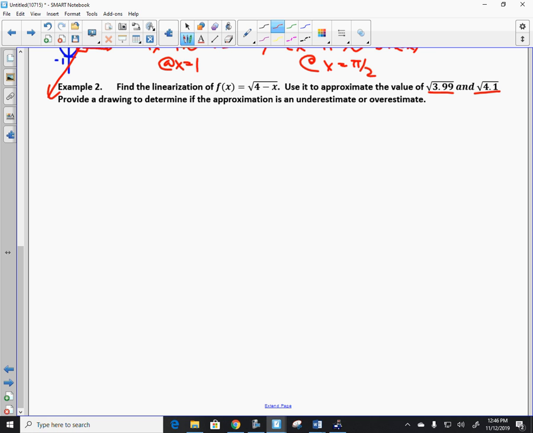How would you even start coming up with the square root of 3.99? You'd say it's about 2, and they would say, let's become more accurate than that. So I start by finding the linearization of the square root of 4 minus x.